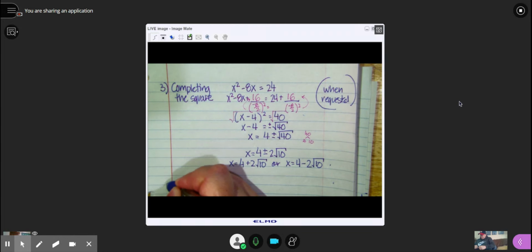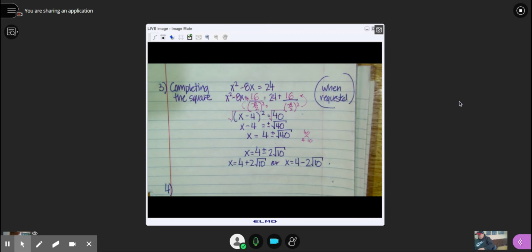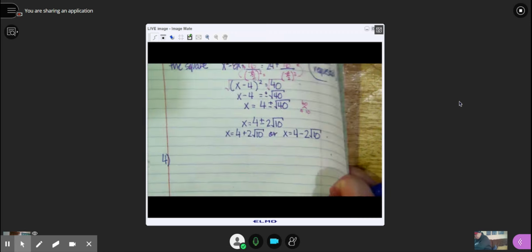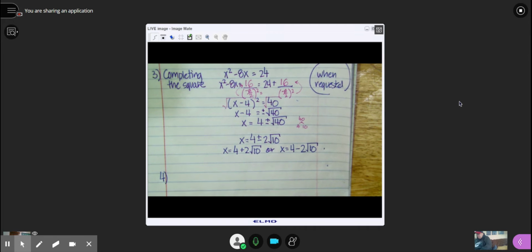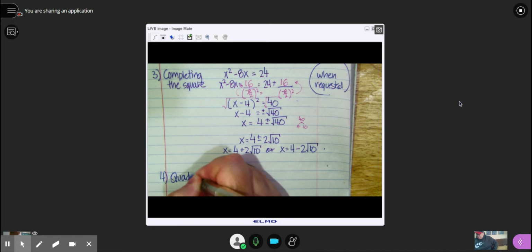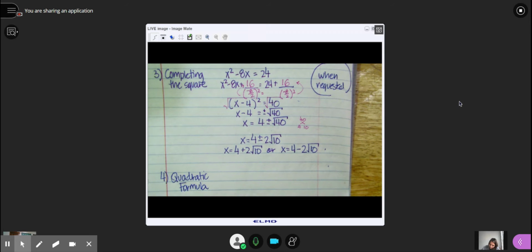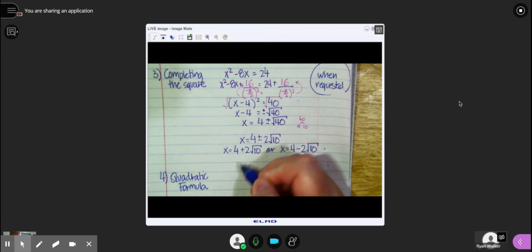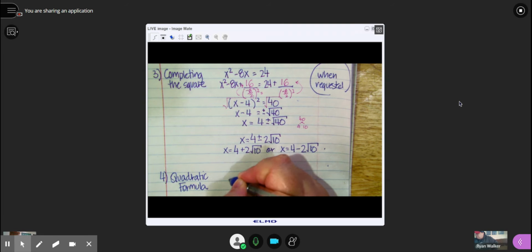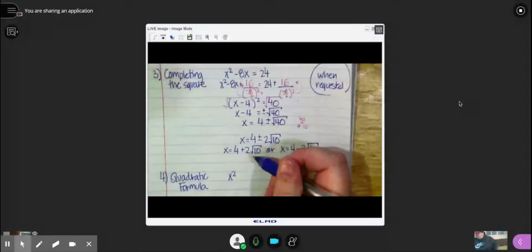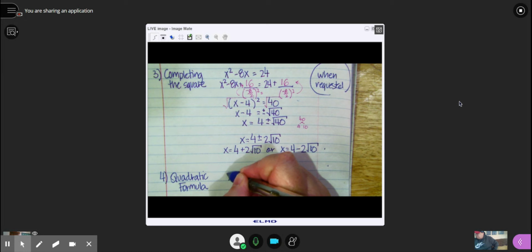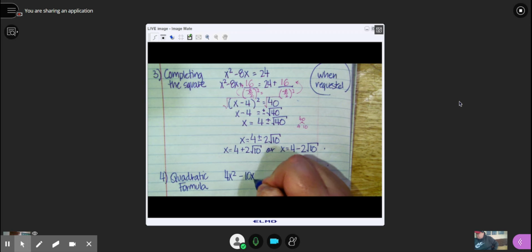All right. And then the last one is the one we talked about today, and that's the quadratic formula. So let's say we've got 4x squared minus 10x plus 9.